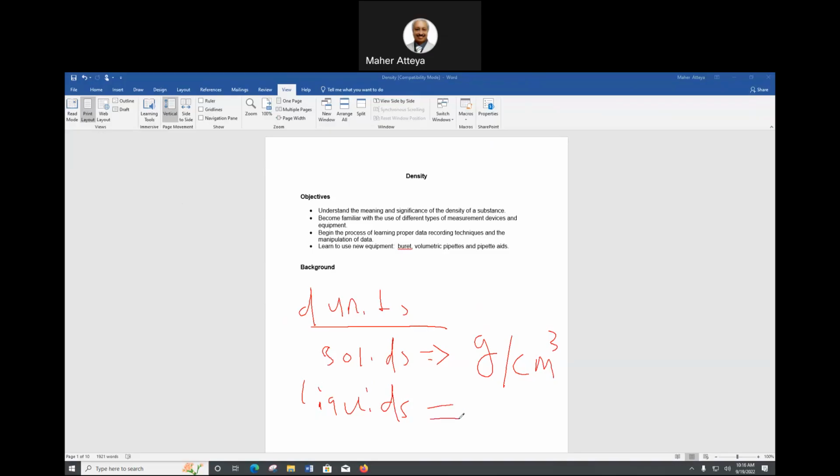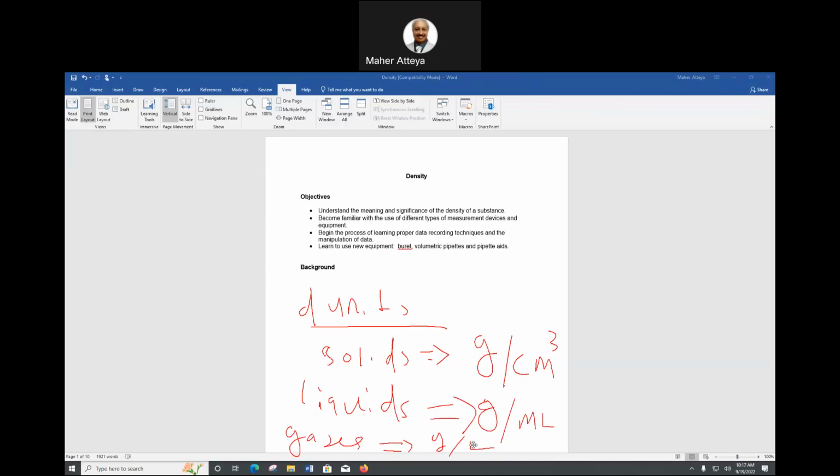Liquids, gram per mL, correct? And gases, gram per liter.